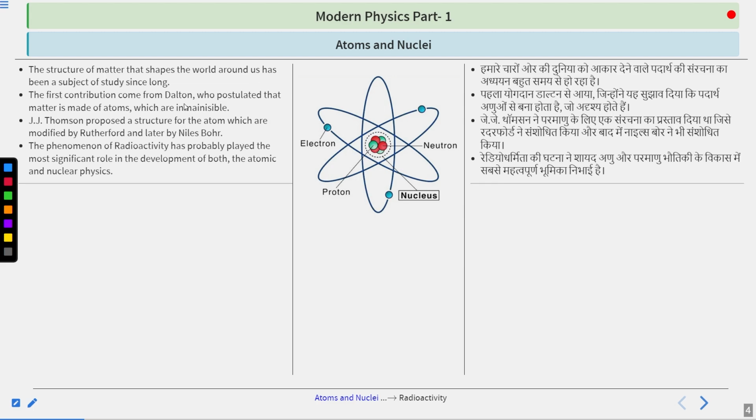So first Dalton gave the contribution. Then J.J. Thomson tried to give the structure of the atom. Later on, this structure was modified by Rutherford and then Niels Bohr. But the phenomenon of radioactivity actually contributed to the development of both atomic and nuclear physics. So that's how things actually got started.